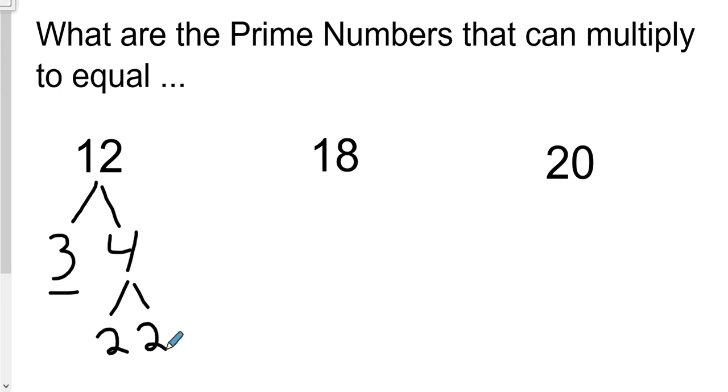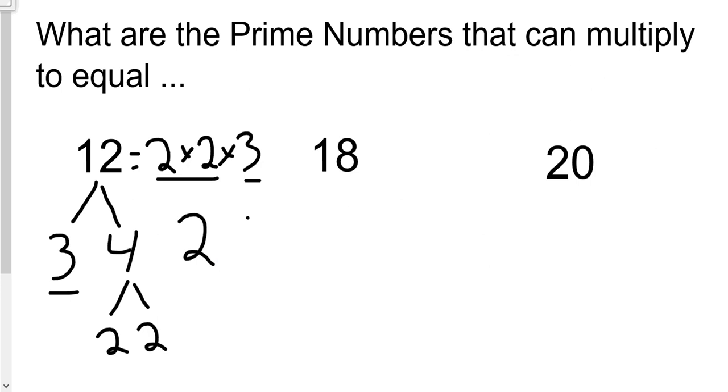Now remember, if I wrote that out, that means 12 is 2 times 2 times 3. Or using exponent form, I have the numbers 2 and 3, so I have a 2 and a 3. But then I have two 2's here, so I get an exponent of 2.